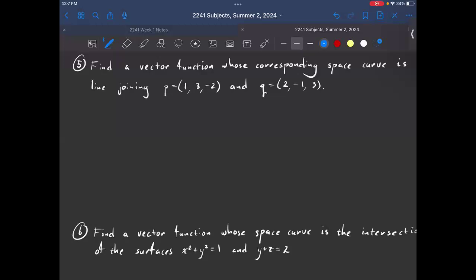One of them is particularly easy. You could get a v vector by subtracting these two and then writing out, okay, p plus that v vector times t.